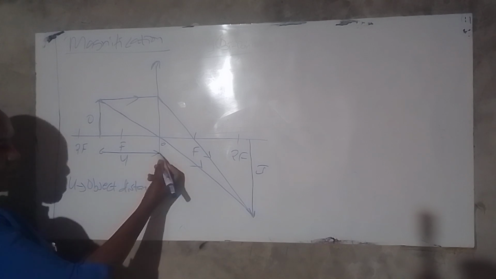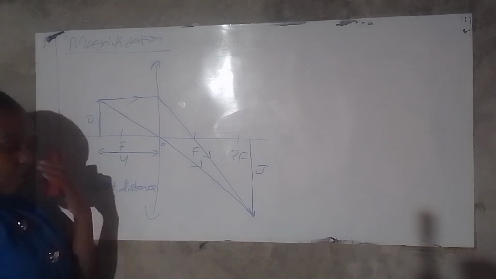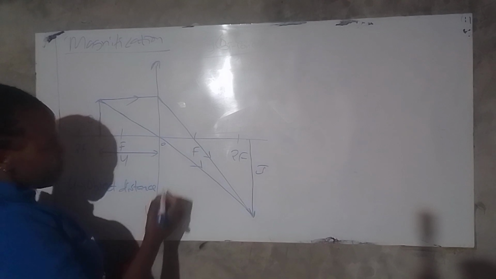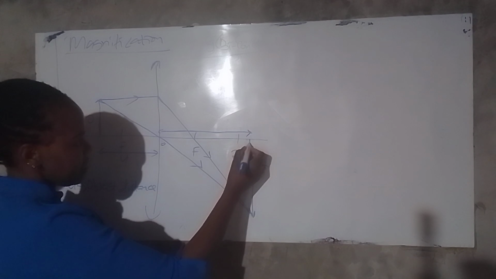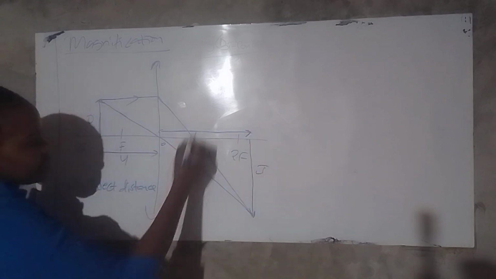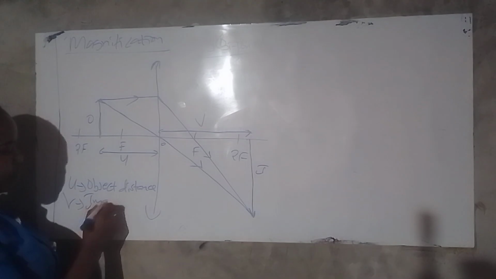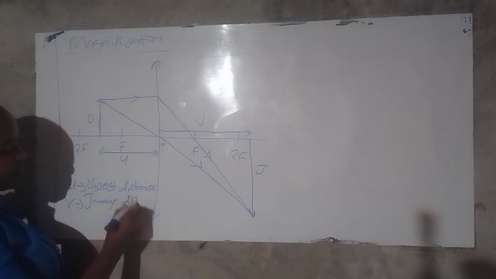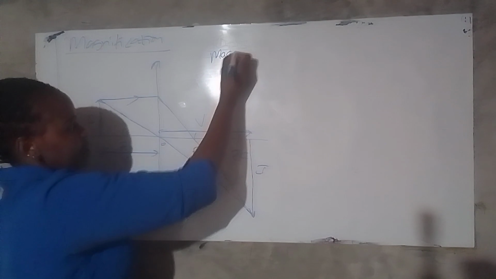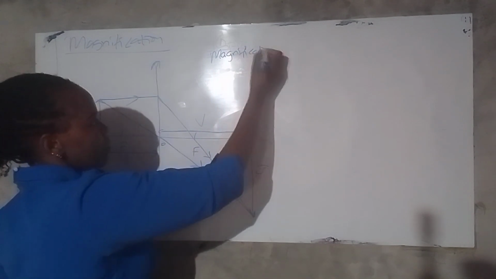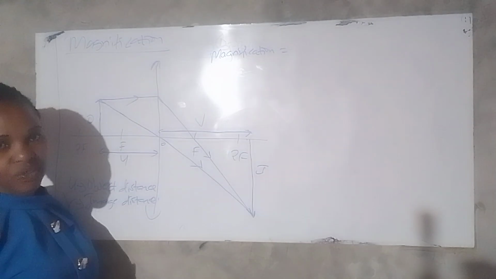Okay? The distance from the optical center to where we have the object, we give it symbol U, and that is the object distance. The distance from the optical center to where you found your image, remember there is a screen there, that distance is given the symbol V, and V simply means image distance. So what is magnification? Magnification is a measure of the size of the image relative to the size of the object.